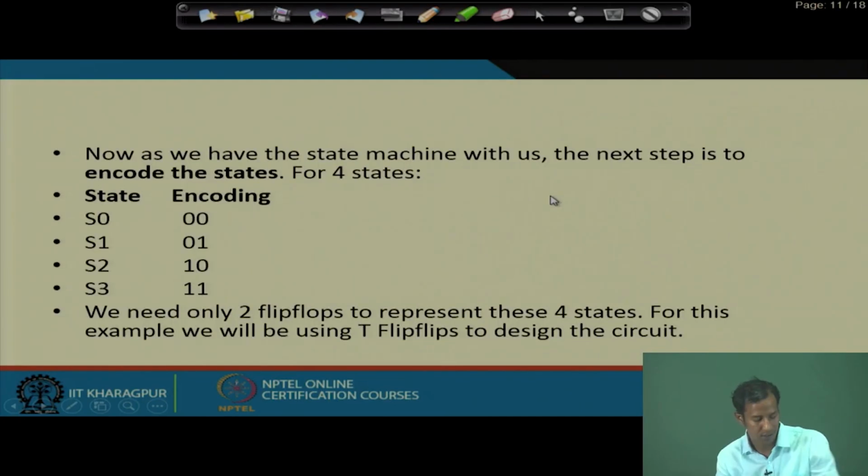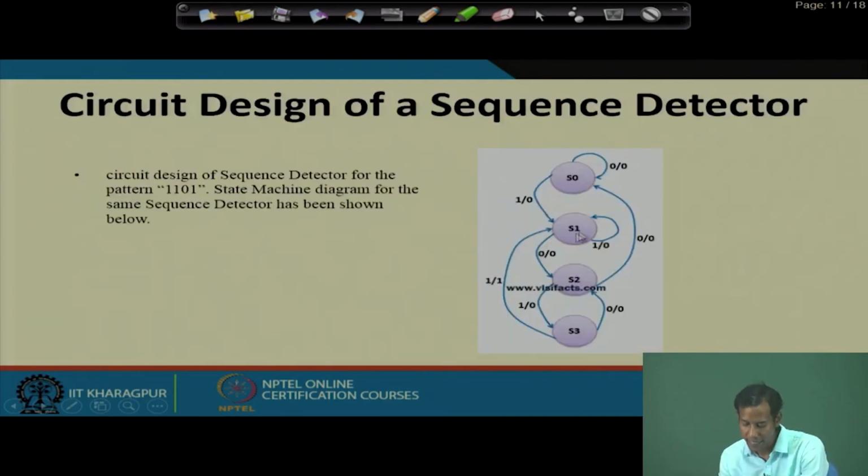In S1 state, the sequence needs a 0 next. If it is found to be 1, it will again check whether the next bit is 0 or 1, so it remains in the same state and does not change.